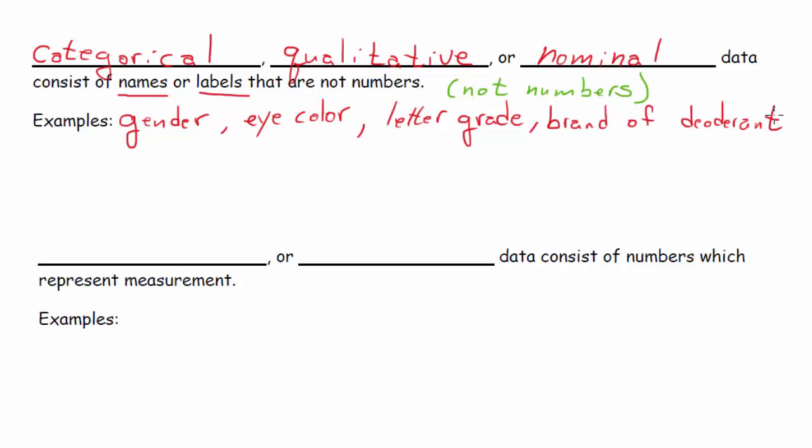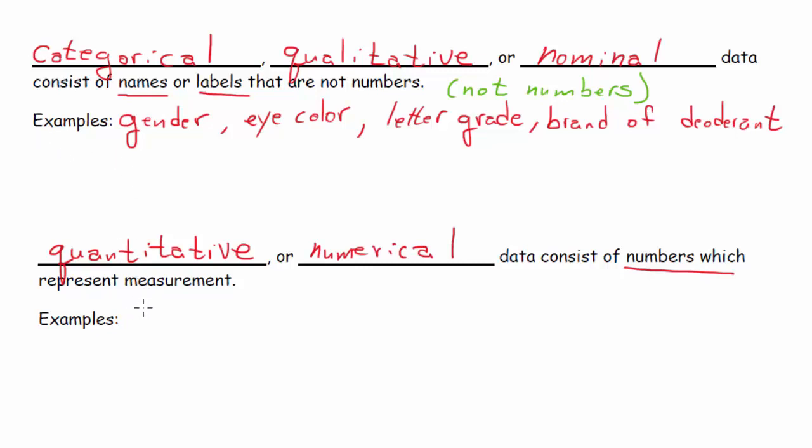So in comparison, we have data that consists of numbers, which represent some sort of measurement. Okay, so if we have numbers, this is what we're going to call quantitative data. All right, and this is sometimes referred to as numerical. All right, so for quantitative data, the measurement that we are pulling is going to be a number.